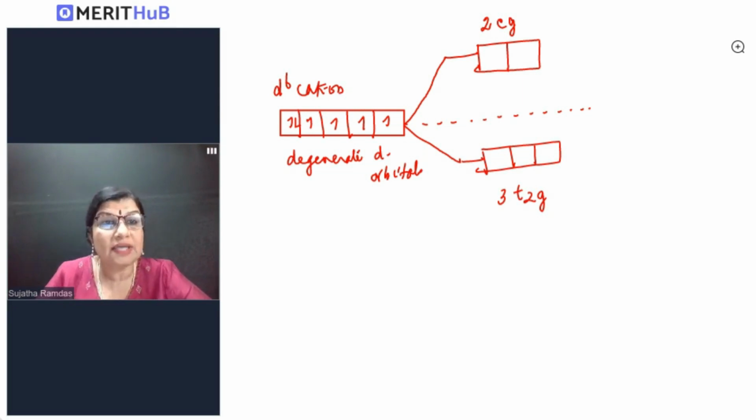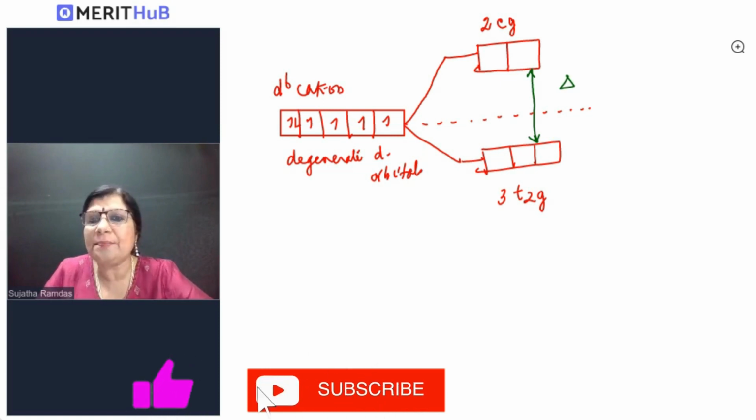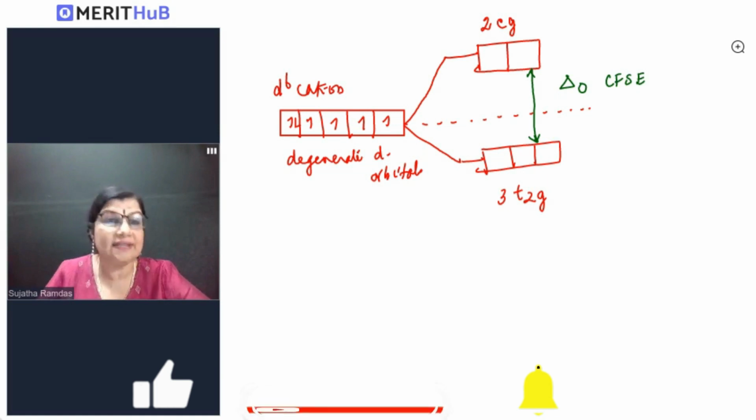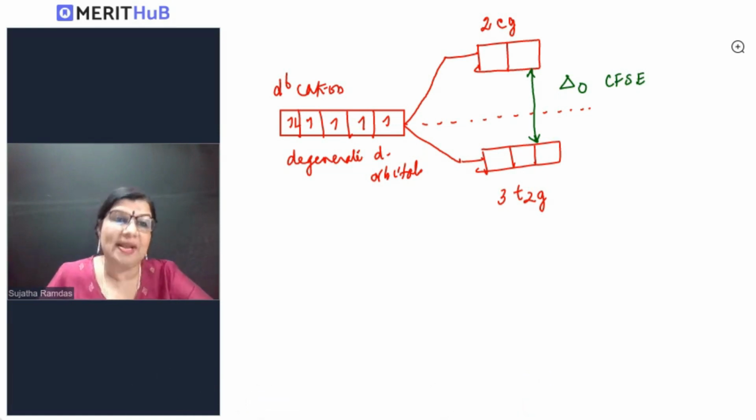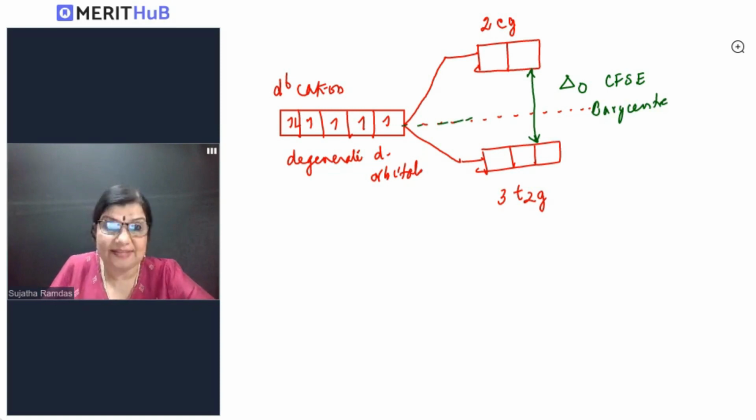Now we're talking about an octahedral field, and therefore the total energy difference between these two levels of d orbitals is given by delta O, the crystal field splitting energy of an octahedral complex. This is the barycenter, the average, where the degenerate d orbitals would hypothetically be present.